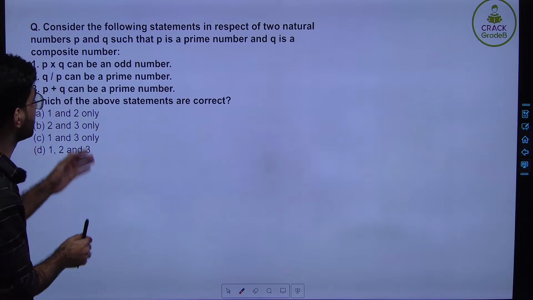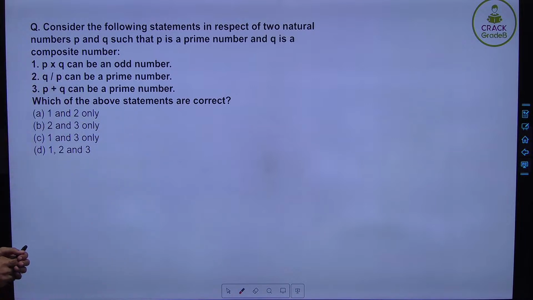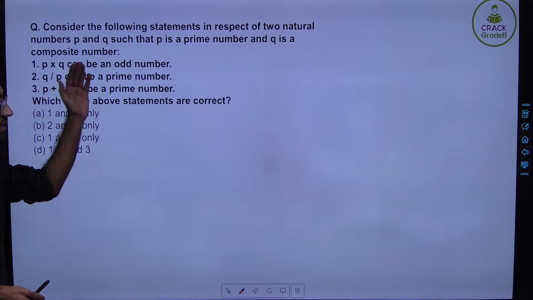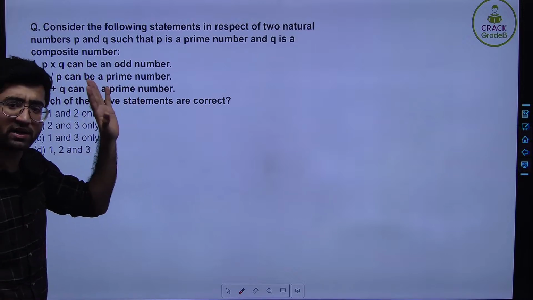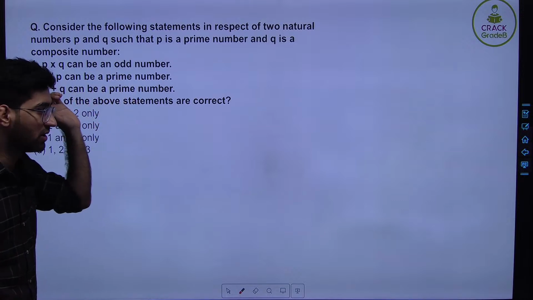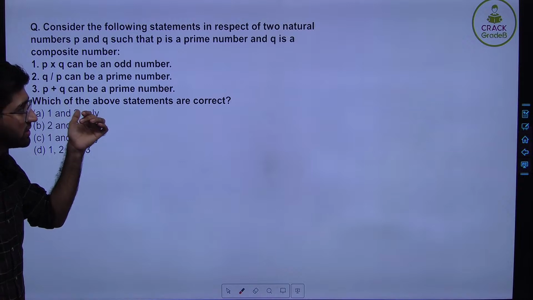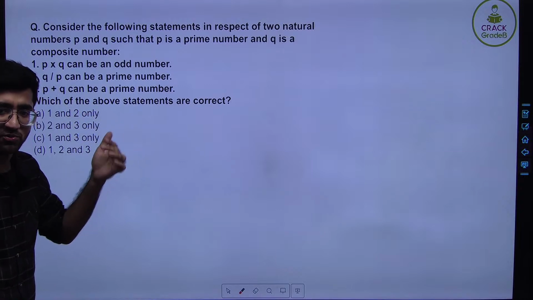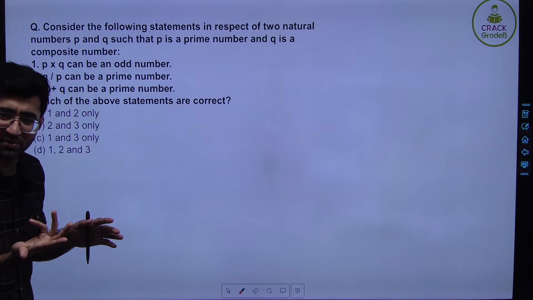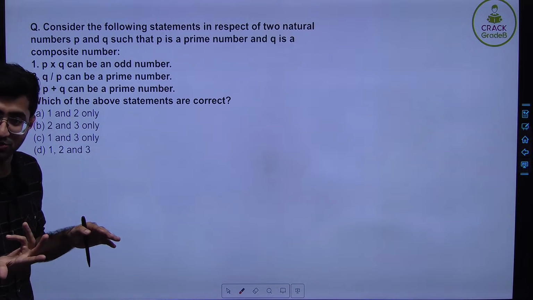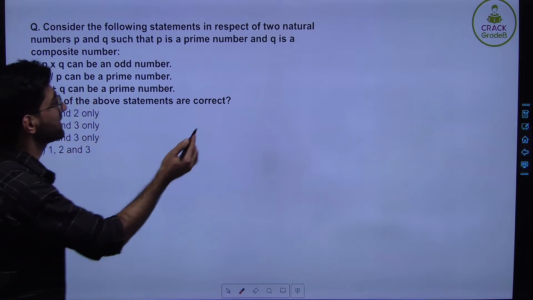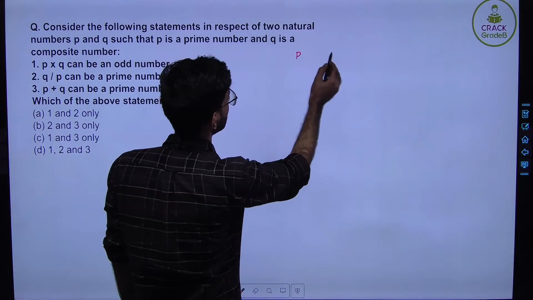Now let us look at the question. Consider the following statements in respect of two natural numbers P and Q. It is very clear that P and Q are natural numbers. Try to recall yesterday's lecture. I told you that in competitive exams, we usually only have to deal with positive numbers, natural numbers usually, right? So P and Q are two natural numbers.